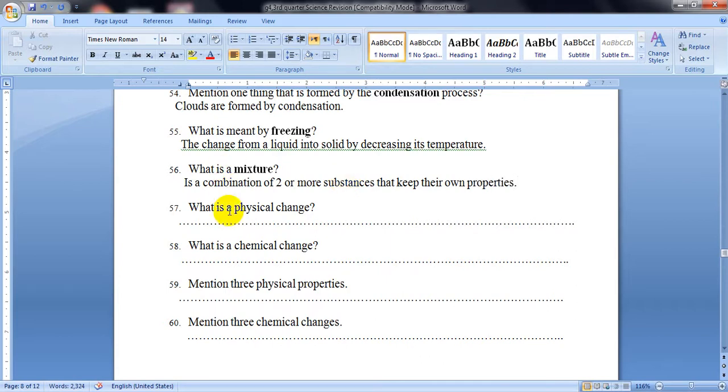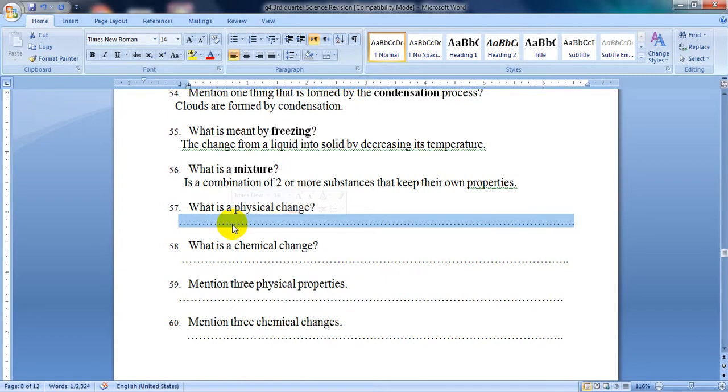The next one, what is a physical change? As we said, a physical change is a change that does not form a new substance.